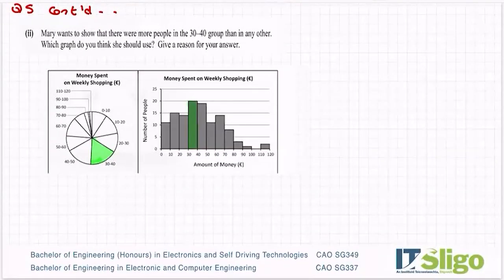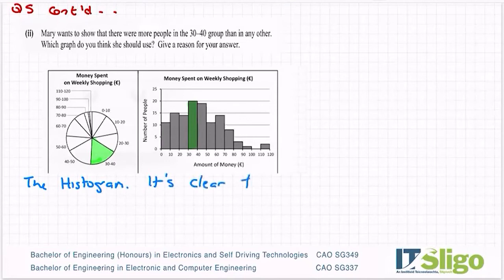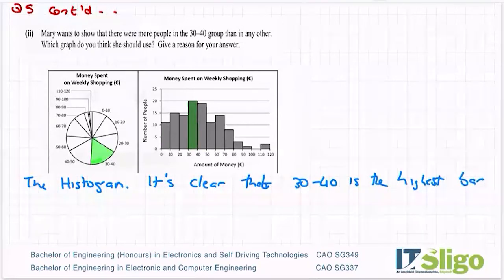Okay, so I would say this one, the histogram. It's clear that 30 to 40 is the highest bar, okay, with 20 people.